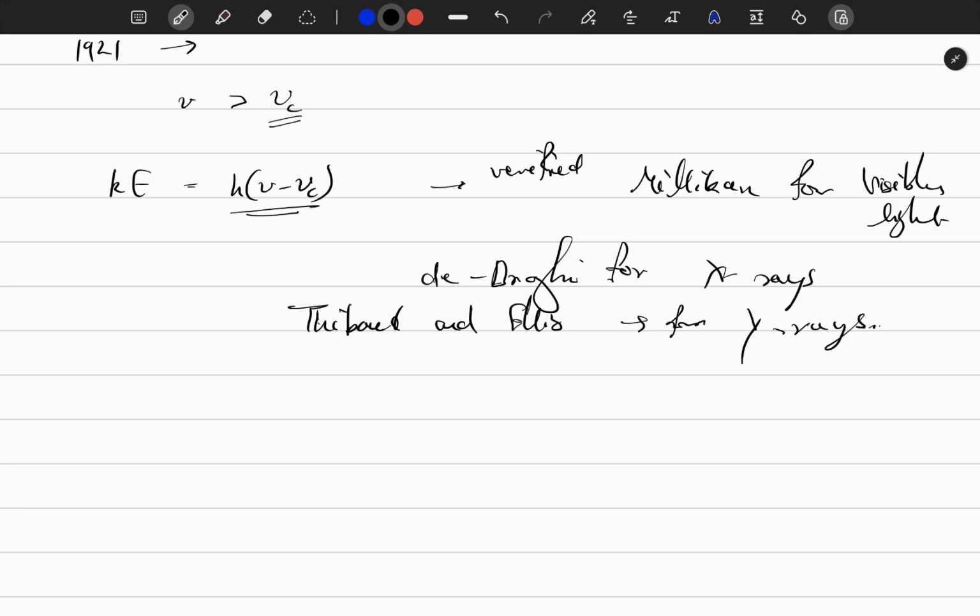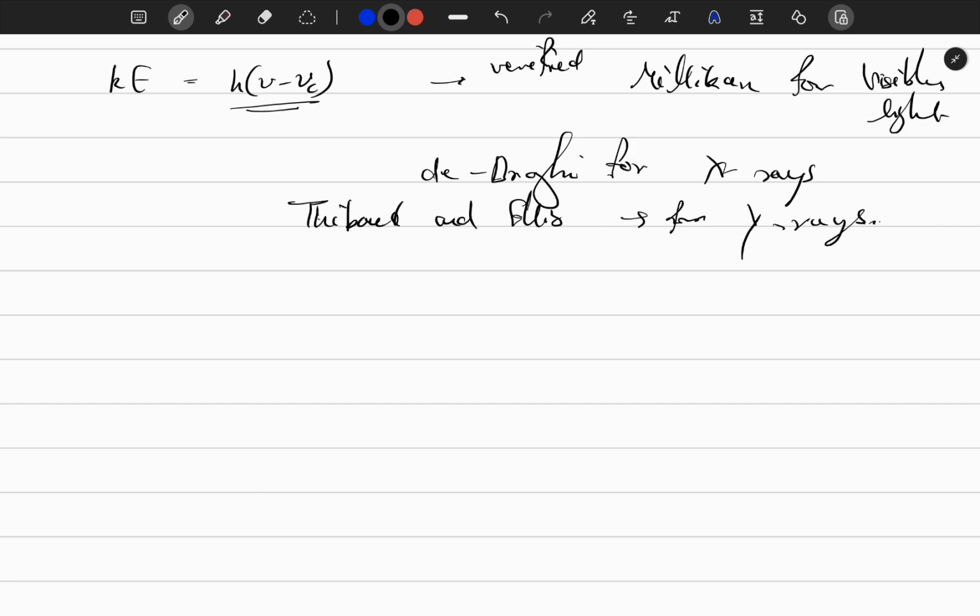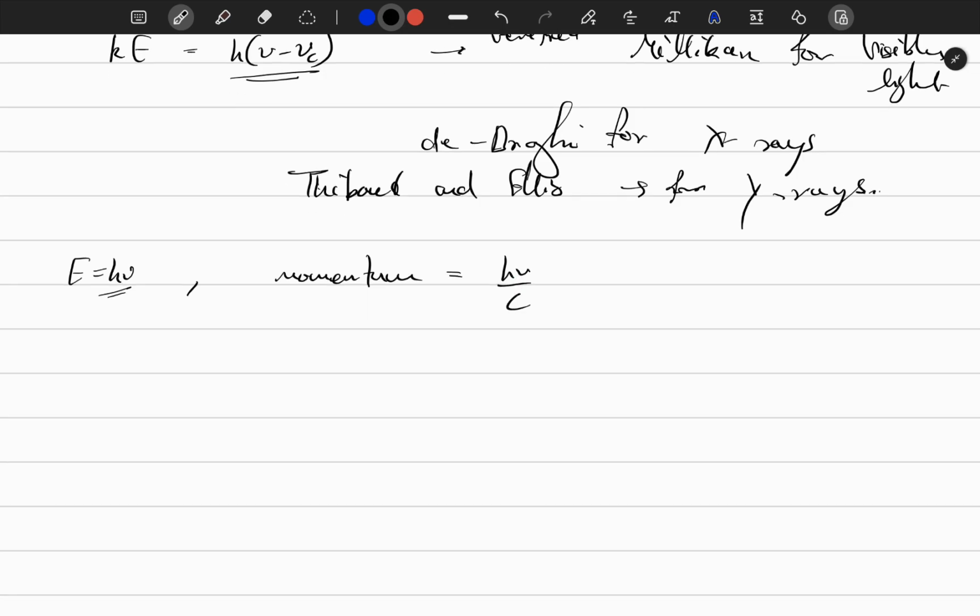Einstein also showed that the photon, in addition to having energy h nu, should have momentum. These photons have momentum equal to h nu by c, which was experimentally verified in 1923 by Compton.